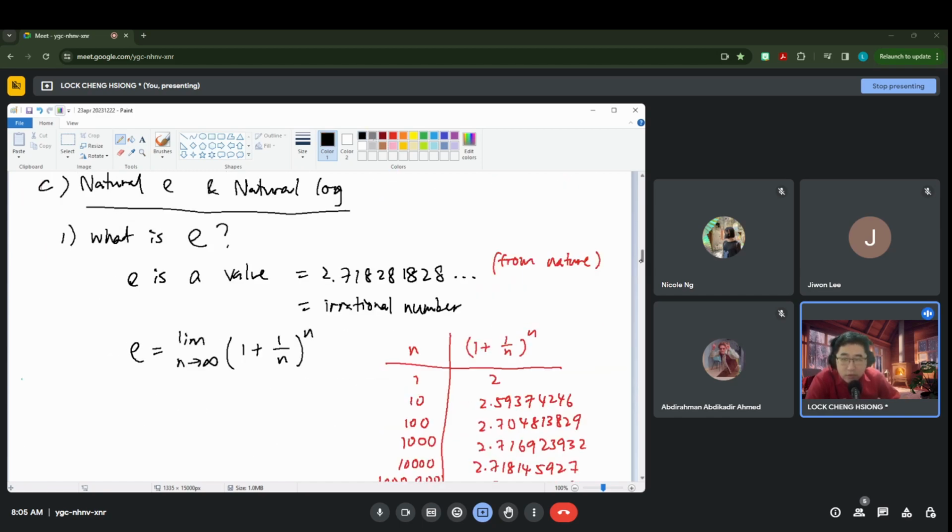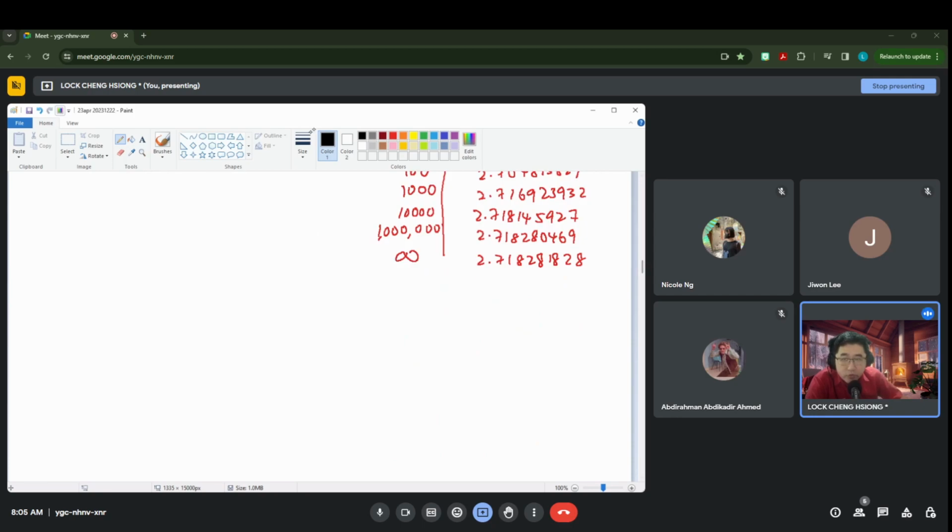So E is actually this number, 2.718. Where can we find E in the real world? E is actually relatively important.